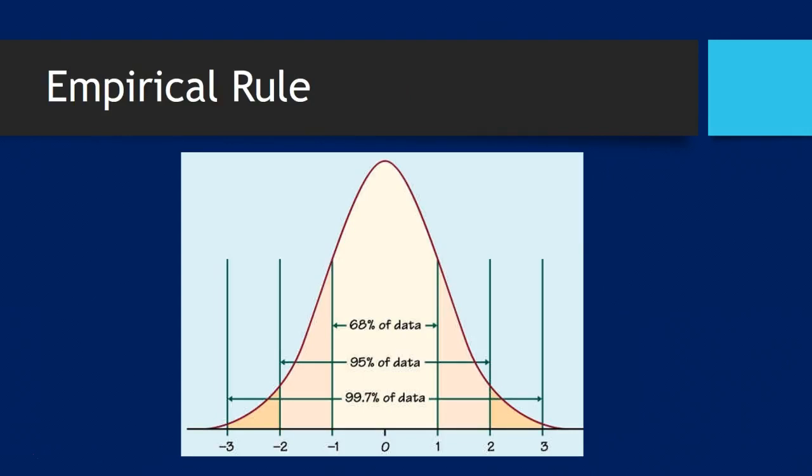If you recall, it said 68% of the data was within 1 standard deviation of the average. 95% of the data was within 2 standard deviations of the average, and 99.7% of the data was within 3 standard deviations of the average. All right. Now, what's that empirical rule implying? That's basically implying something about the connection between the area underneath the curve and the percentage of data that lives there.